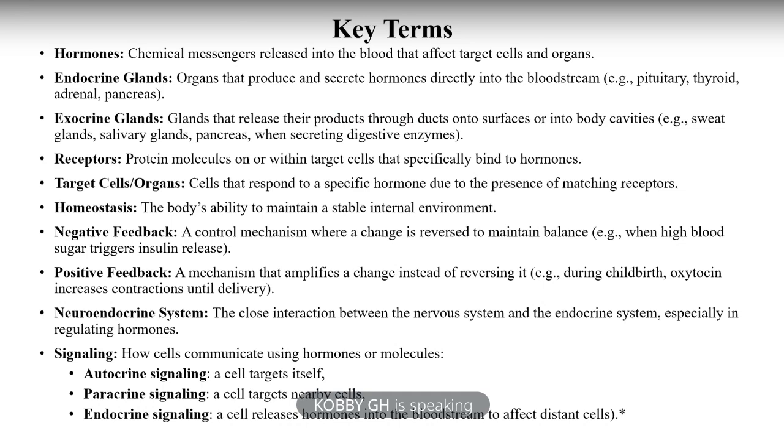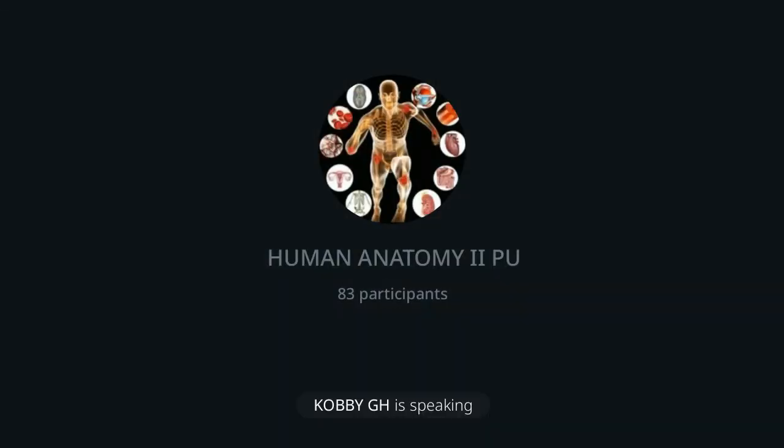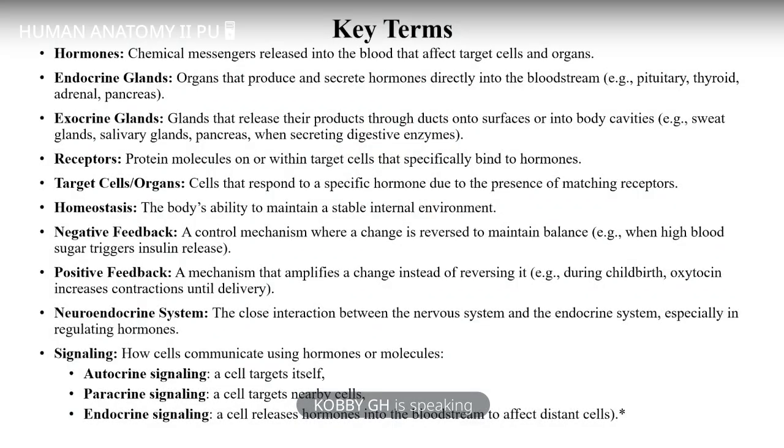Negative feedback is a homeostatic mechanism. When we say negative feedback, it's like a correctional mechanism. For example, if your blood pressure is high, when your body has to correct it, the response that will come will negate what is happening, will reverse what is happening.